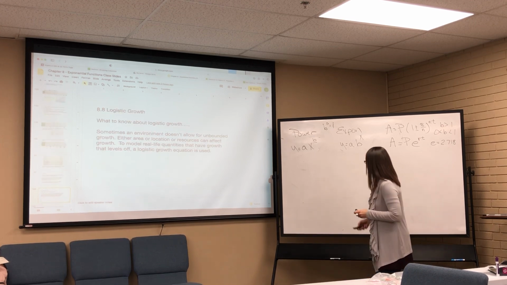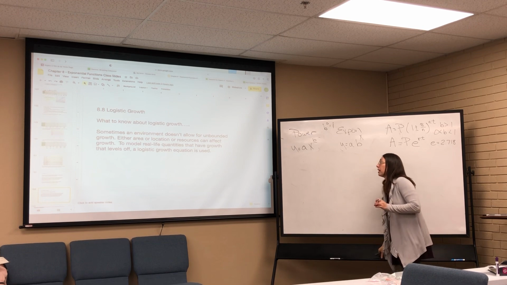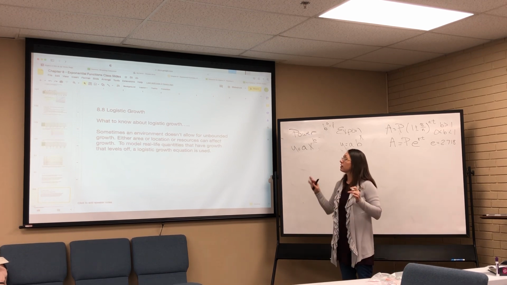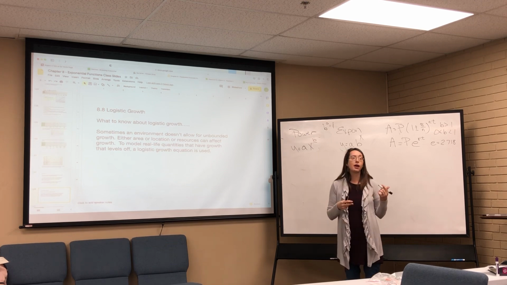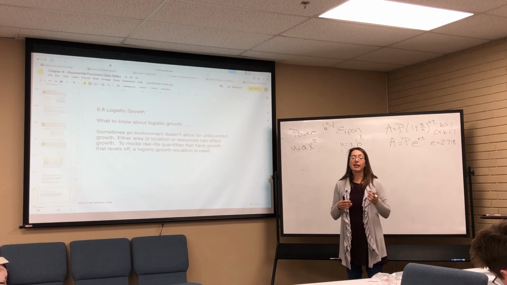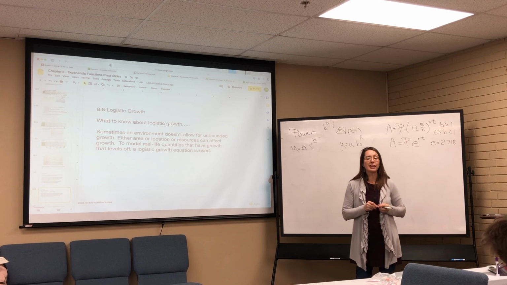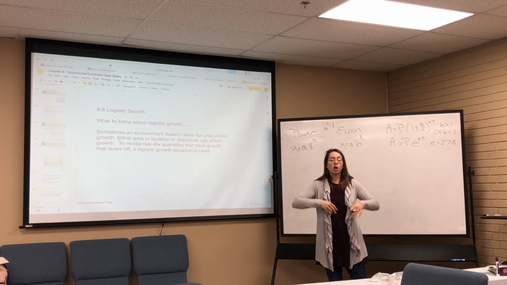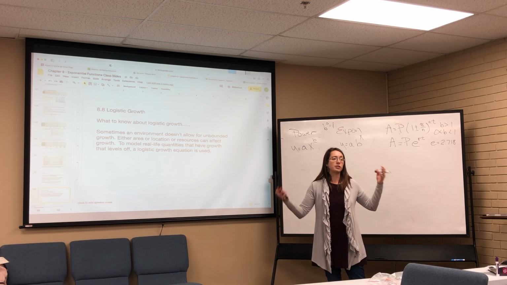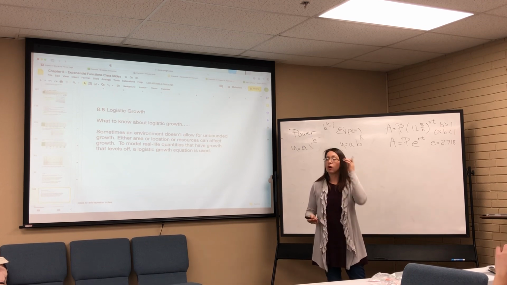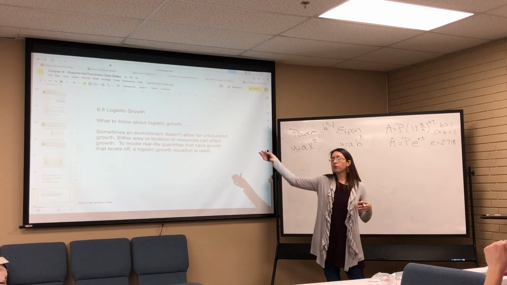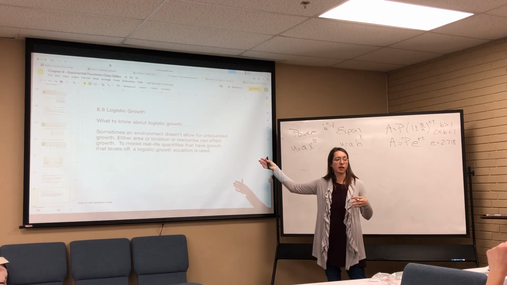Okay, logistic growth. What to know about logistic growth? I just said up here, sometimes if you have an environment, it would be nice to think that everything would always expand or always grow in its best terms. So if you are growing bacteria, you're going to get a perfect growth rate the entire time.